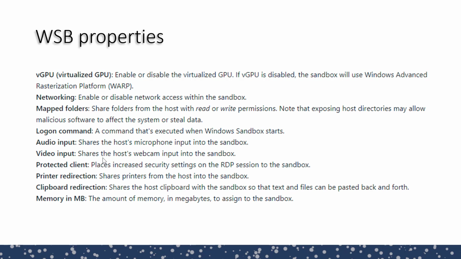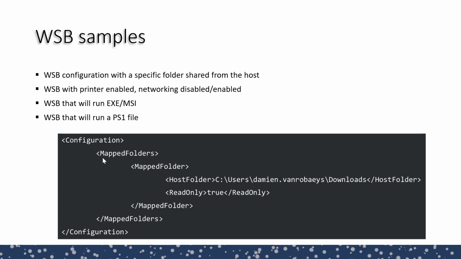LogonCommand allows you to run a specific command line like a VBS file or PowerShell file. Audio or video input allows you to share the microphone or webcam with the Windows Sandbox. Printer redirection allows you to share the printer from your host computer to the Windows Sandbox, etc. There are different kinds of properties.